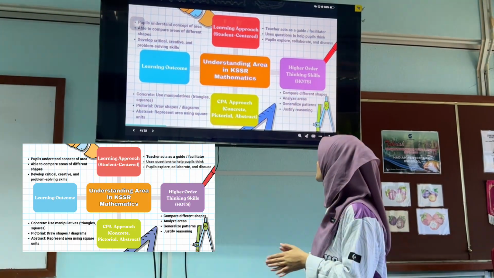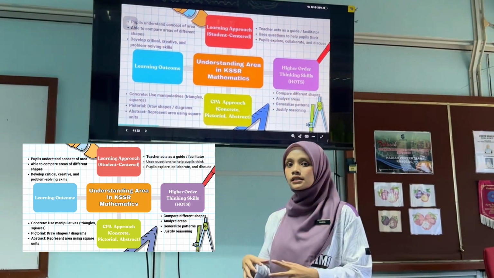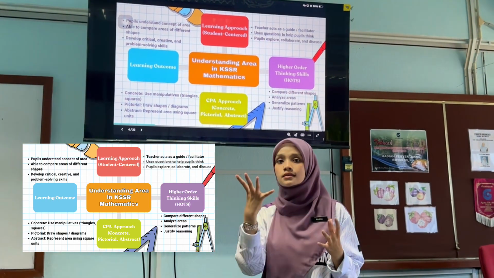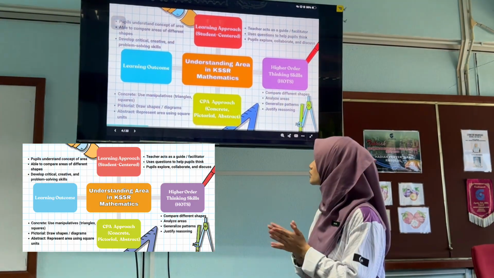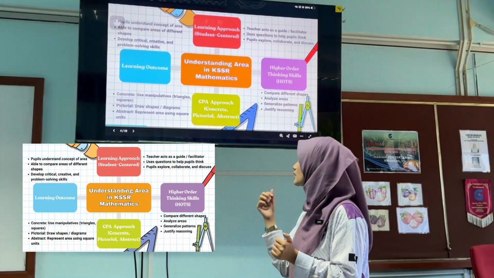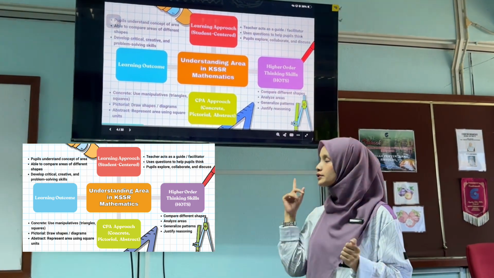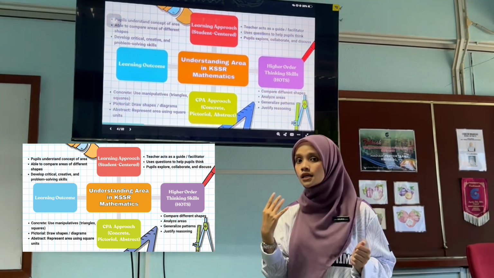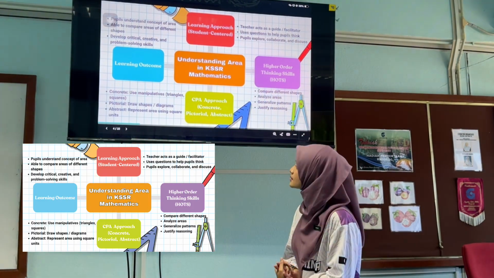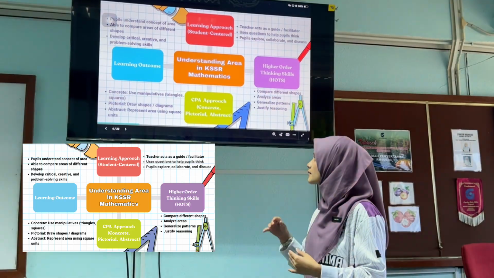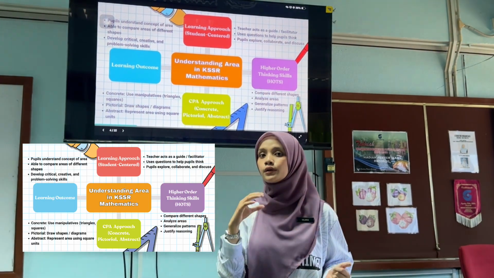The third one is the CPA approach, concrete, pictorial, and abstract. This is important in teaching area because students can see and touch the objects. For example, concrete objects are manipulatives, such as triangle objects and square objects. For pictorial, students can draw shapes and diagrams, and lastly, abstract, students can represent area using square units.